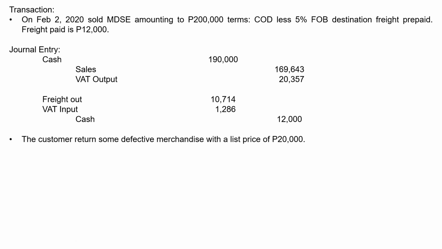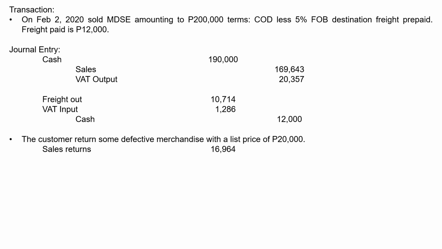Next is when the customer returns some defective merchandise with a list price of 20,000. Because this is list price, we first get the amount of the invoice. So 20,000 times 0.95 is 19,000.